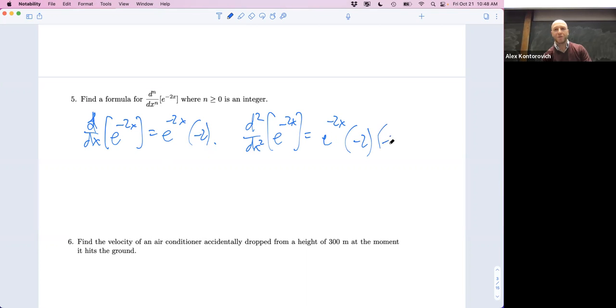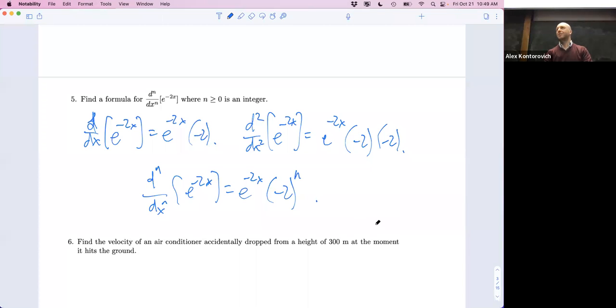Differentiating this, I get a chain rule term of another -2. Oh, I see what's going on. Every time I differentiate, a -2 comes down. So if we do this n times, we'll get e to the minus 2x, and then as many -2s as the number of times we differentiated. Does that make sense? Done.